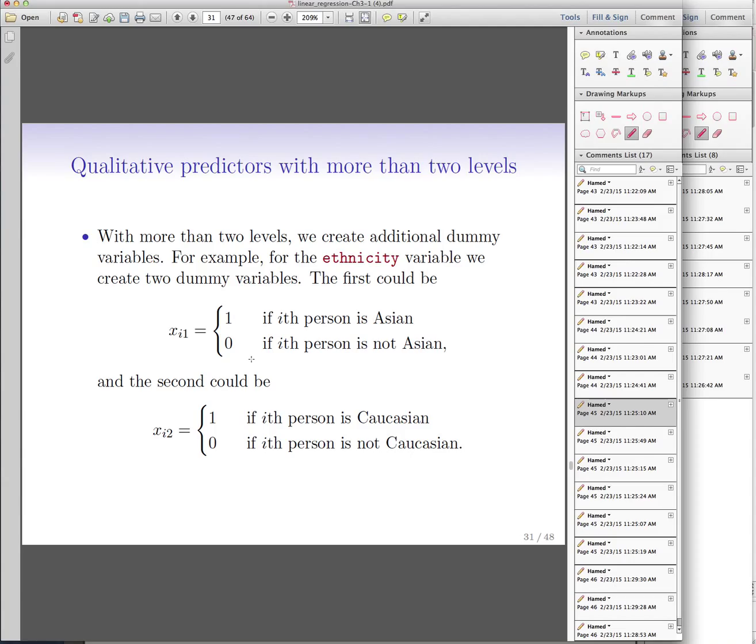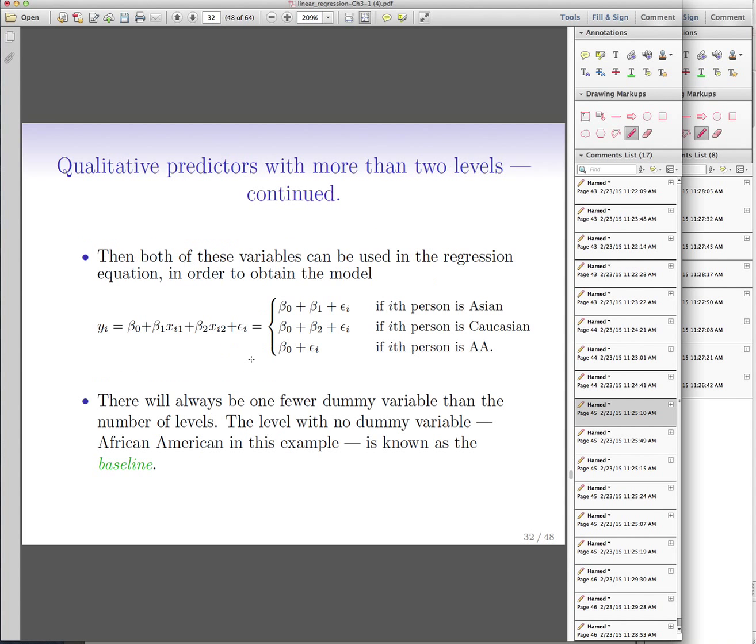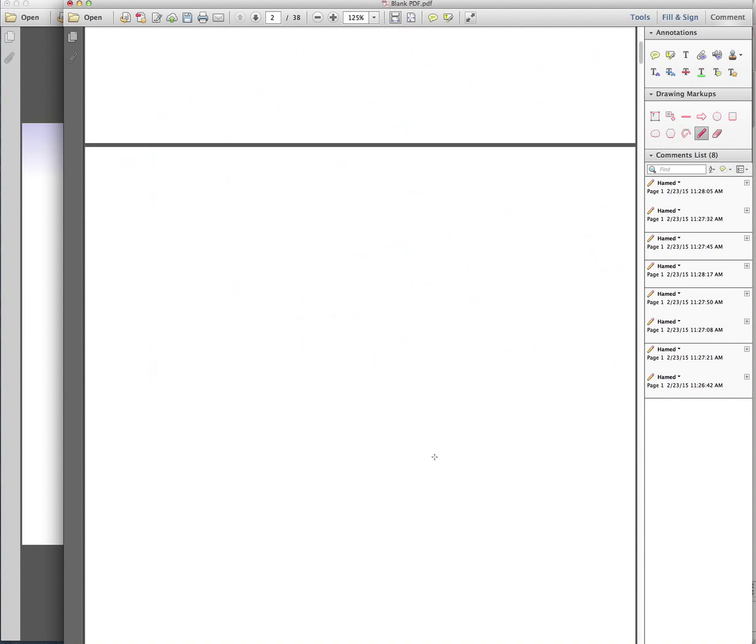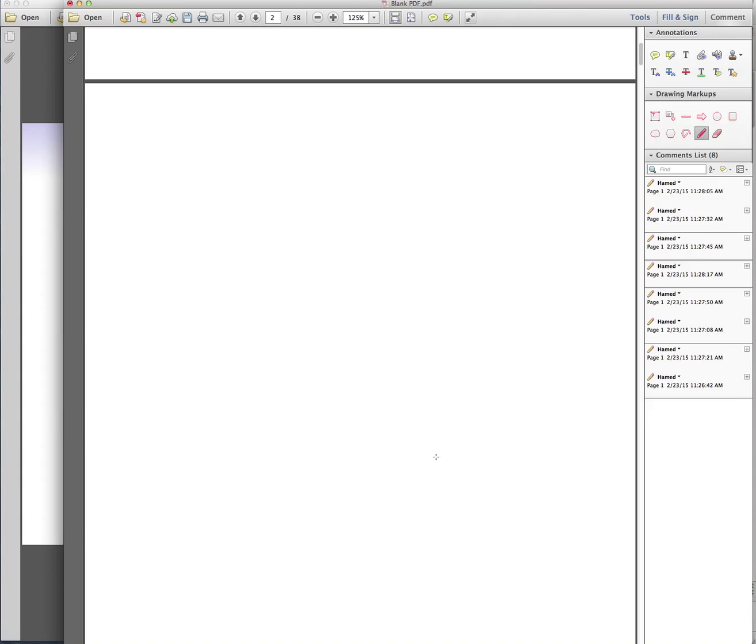Now the question is how do we deal with more than one qualitative variable. So let's say we have ethnicity here. Let me just generalize it.